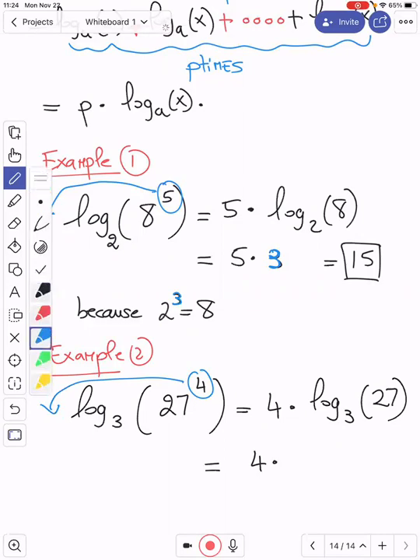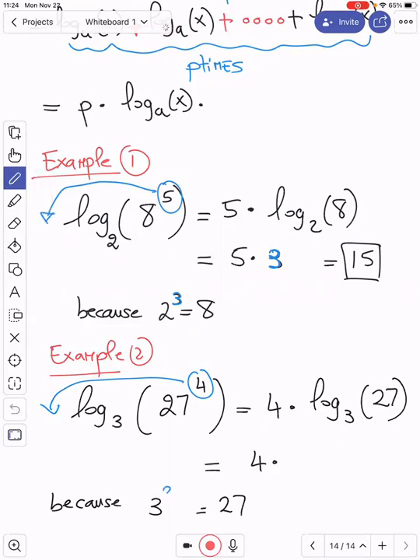For which power of 3 are you going to get 27? Well, that's power 3. 3 cubed is 27. So here this is times 3, and then the answer would be 12.